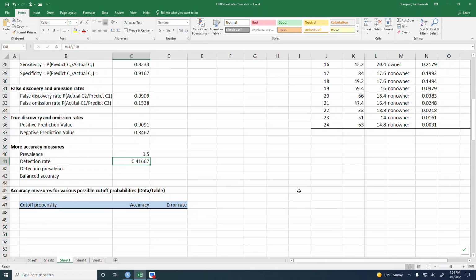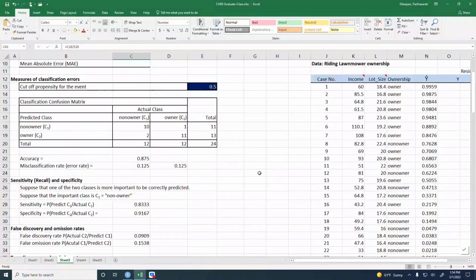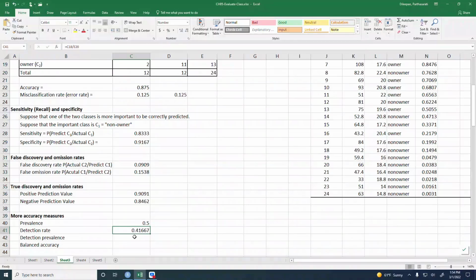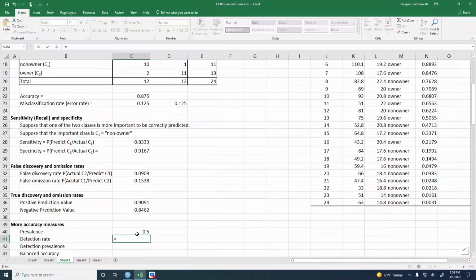What I can understand what you're saying. You're saying owner, but the cells is under non-owner. So okay, did I make a mistake? You're pulling the 10 from non-owner. Okay, so detection rate, C sub 1 is non-owner.